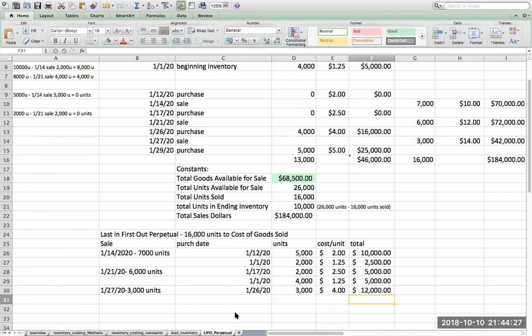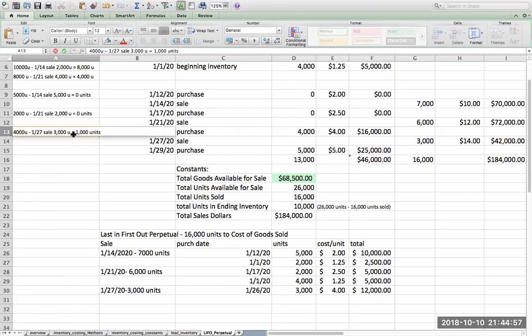So my total cost of goods sold from this one particular sale is going to be $12,000. Note here that once I have these 3,000 units sold, I need to remove these from the inventory. So here I had 4,000 units minus my 27th sale of 3,000 units. I'm now left with 1,000 units.